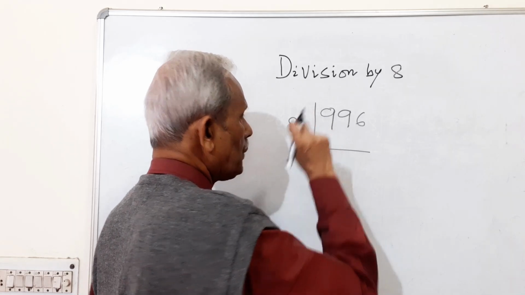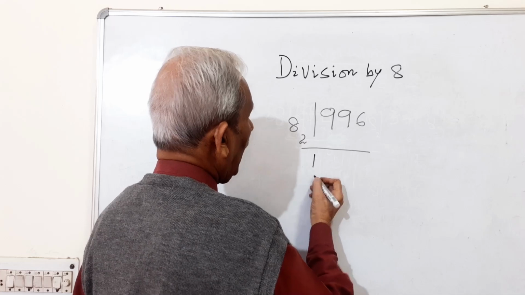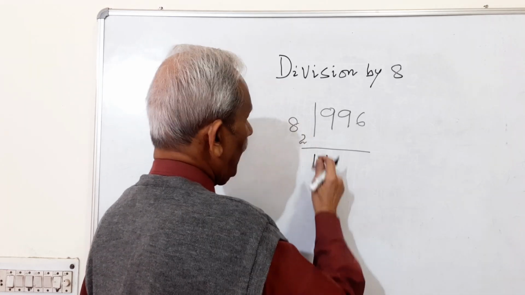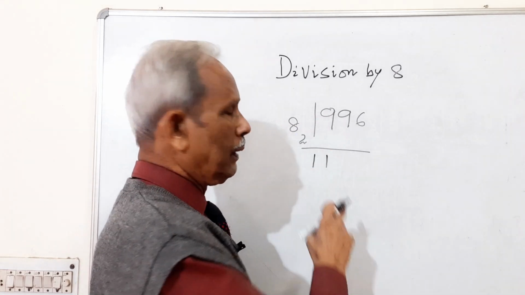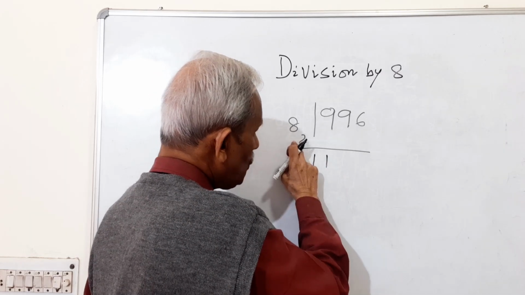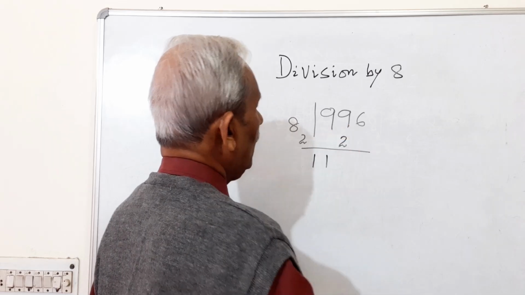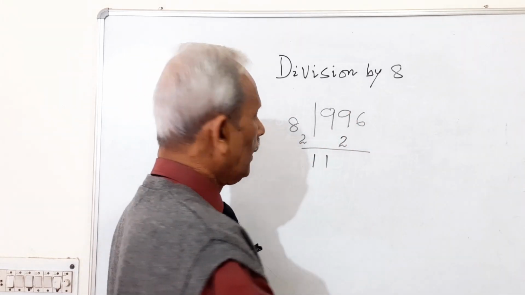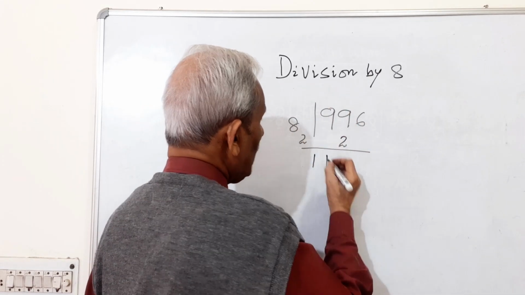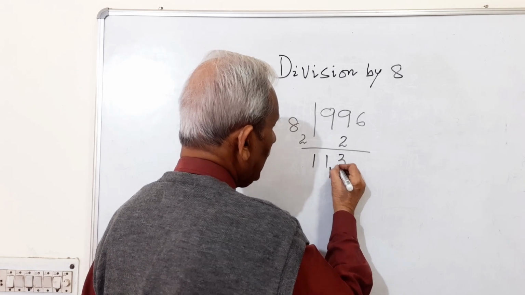Now you can find that 8 goes into 9 one time. So write 1 here and put our 1 here. 8 goes 1 time into 9, so we write 1 at the left hand side and 1 here. Then 2 into 1 is 2, write down this 2 here. 9 plus 2 is 11. 8 goes 1 time into it with the remainder 11 minus 8, which is 3 here.